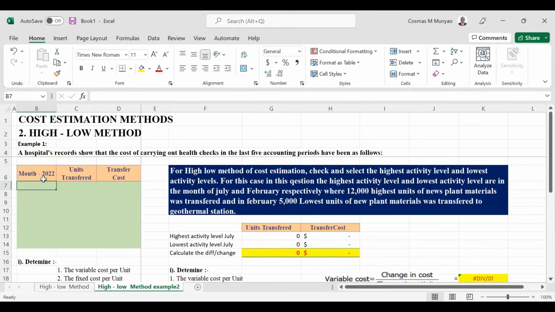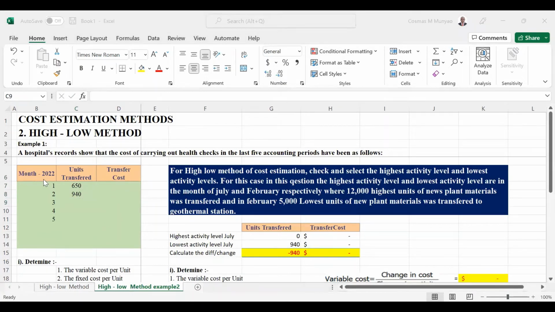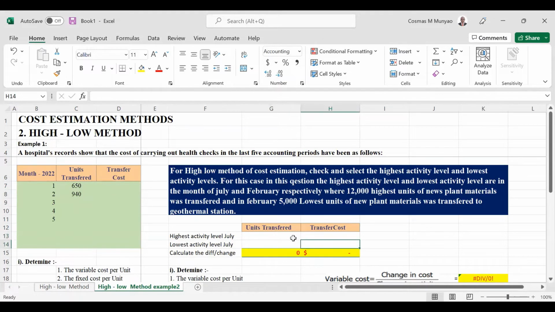Then we will use this one, and we'll say last five periods: 1, 2, 3, 4, 5. For period 1, we are given 650. The other one is 940, period 2. Let me first remove this one so that it will not start calculating.